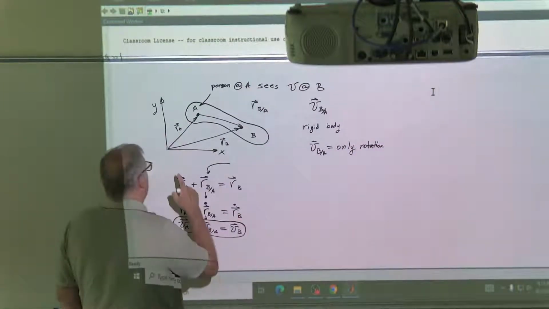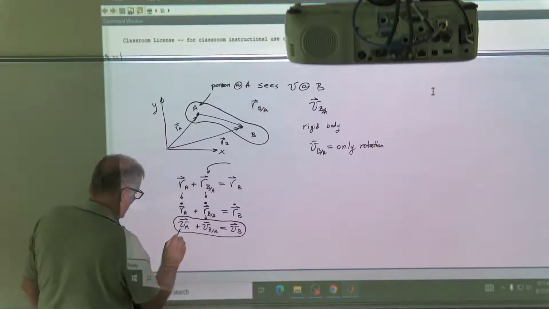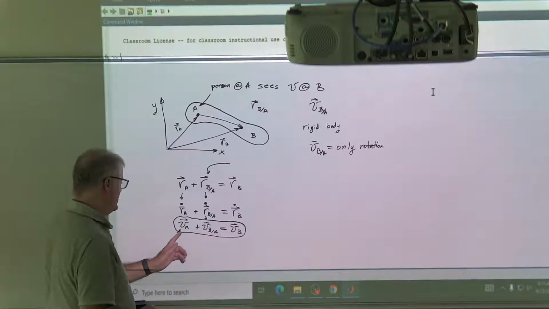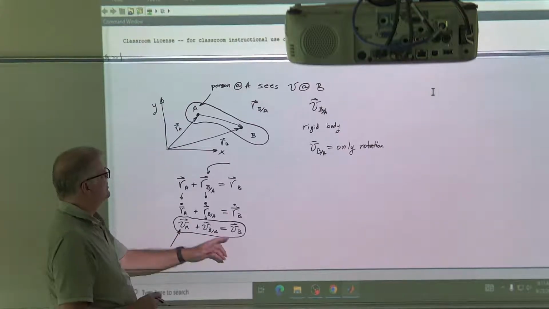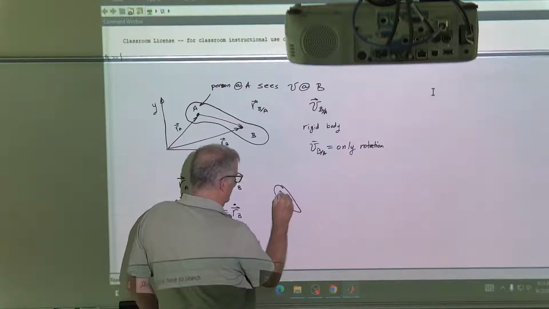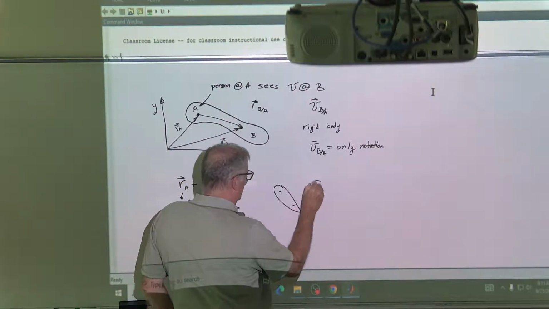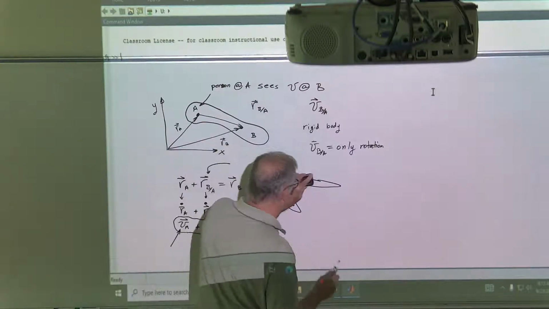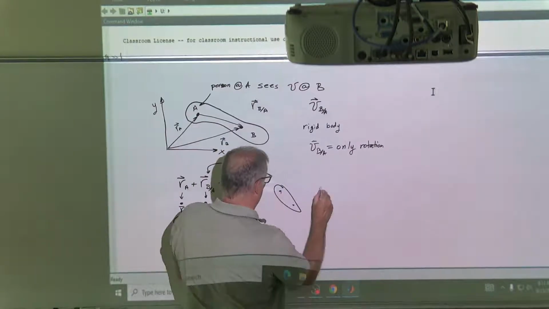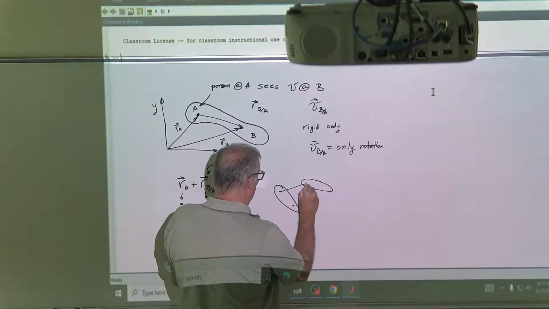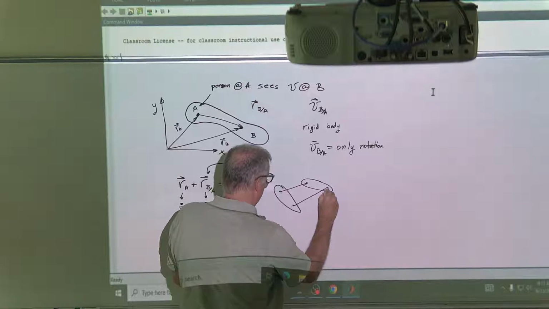Then if I had this and a description of the speed of rotation, I can get this. In other words, if A and B were on this member here, and a few seconds later they're here, and it's the same rigid body, I'm trying to make it look the same, then this part moved to here, this part moved to here.